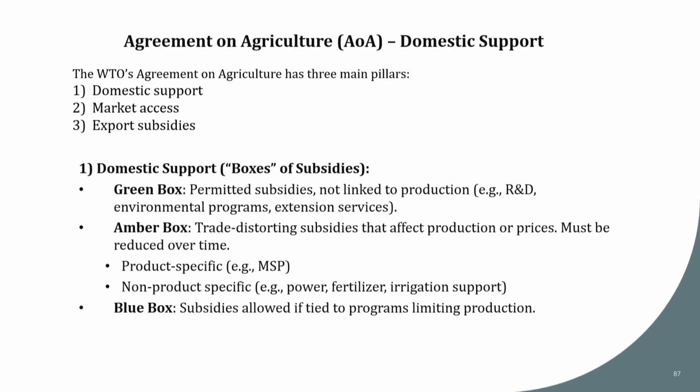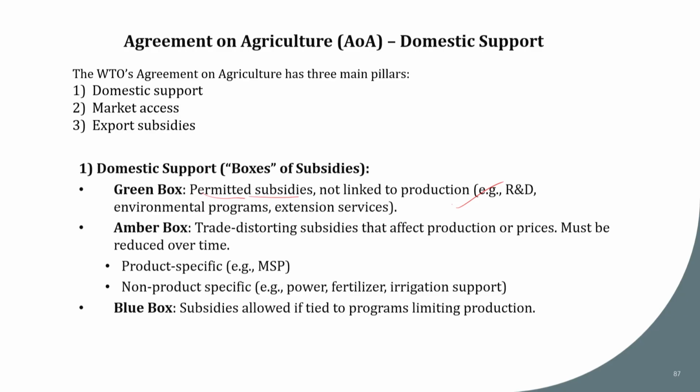It categorizes the support to the farmers in the form of subsidies, and WTO uses boxes that are called green, amber, and blue. The green box includes subsidies that are considered non-trade distorting. That means it's not affecting international trade adversely.